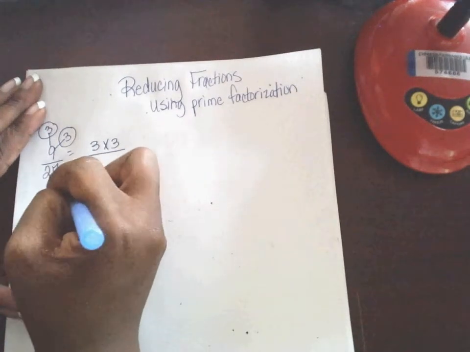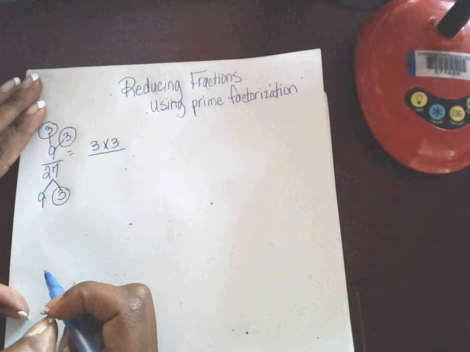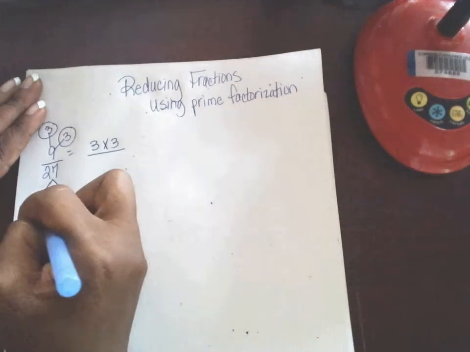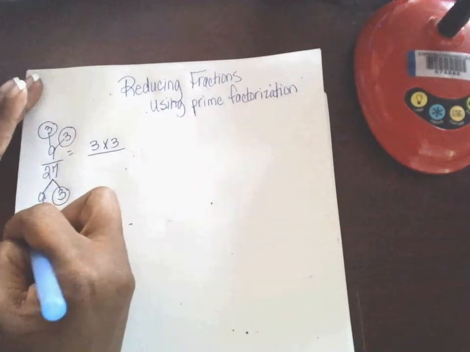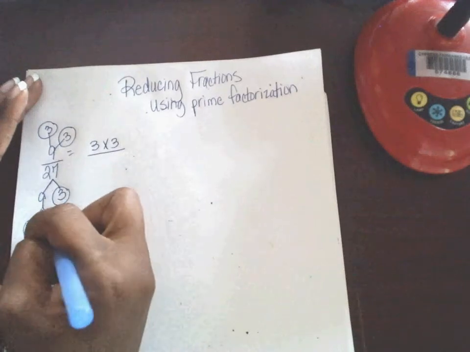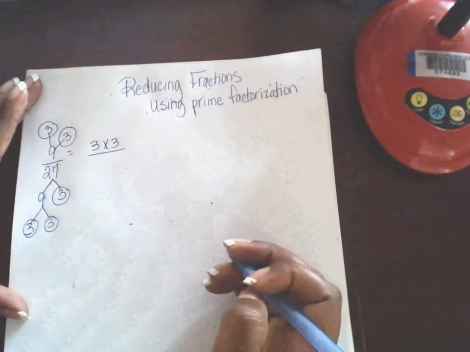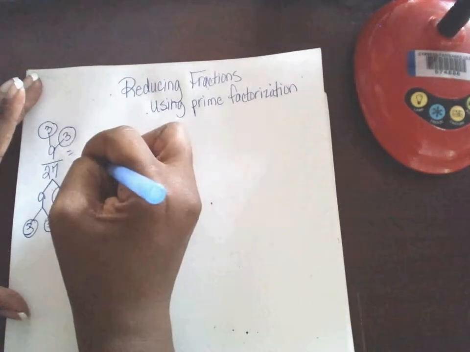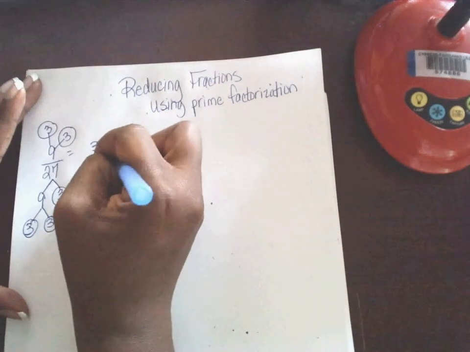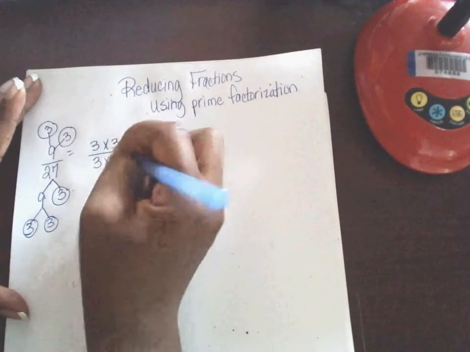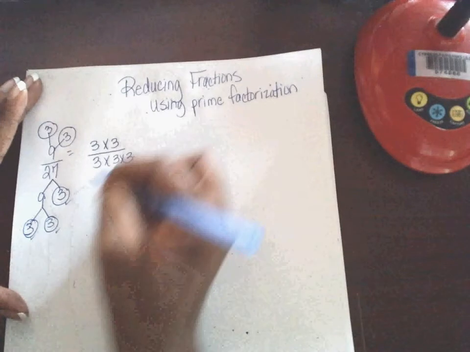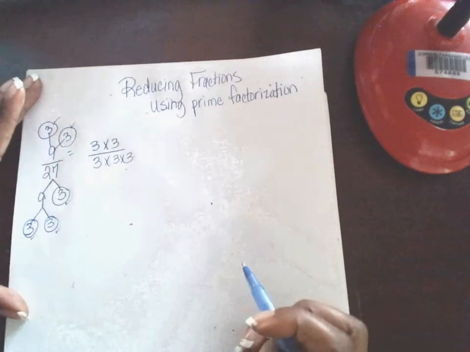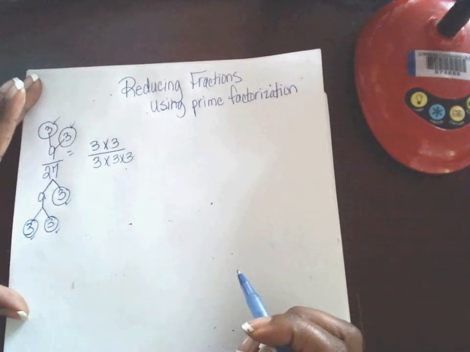Circle and stop. We no longer have to factor that anymore. And then 9, we see from here, it's going to be the same factorization. It's not going to change just because it's somewhere else. Okay? So now 27 equals 3 times 3 times 3. That's what we have here. And then 9 is 3 times 3. Are we together so far?